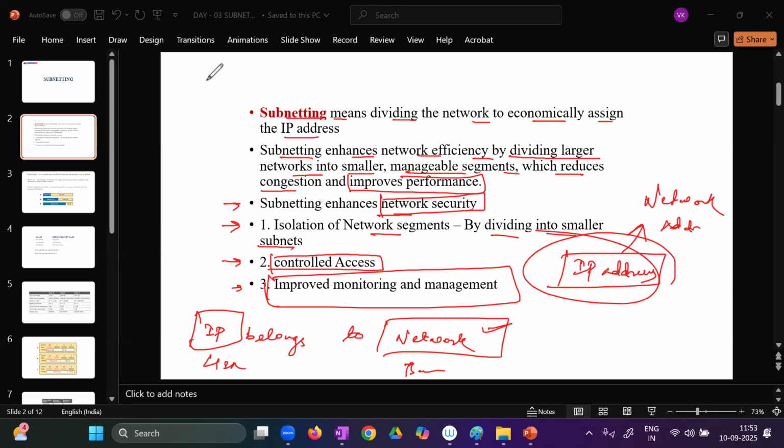So now we will start with the classful subnetting, then classless subnetting, and then we'll understand how to find the network addresses of the given IP, right? Any doubt, any question still here?